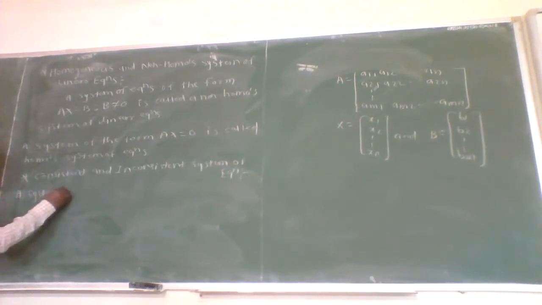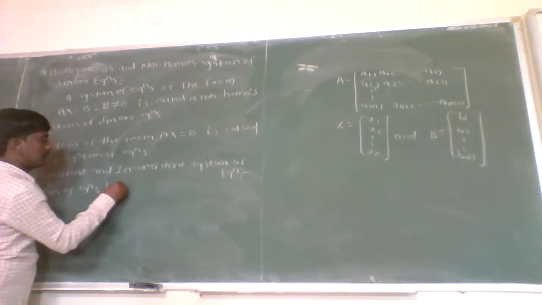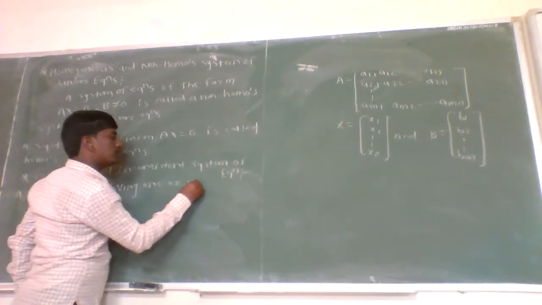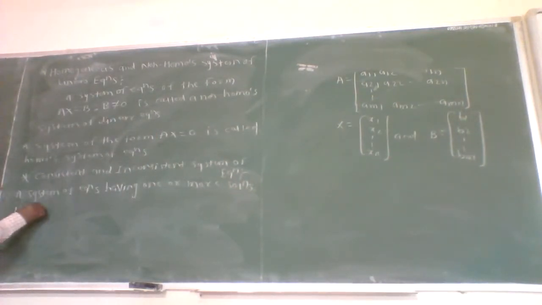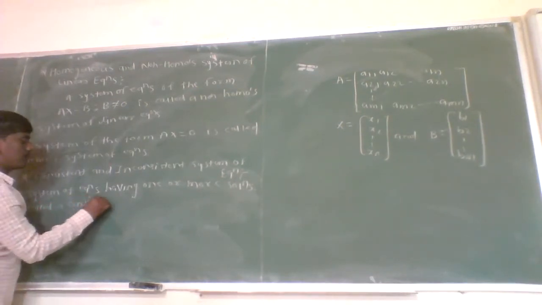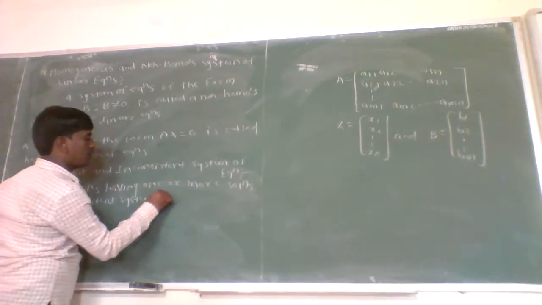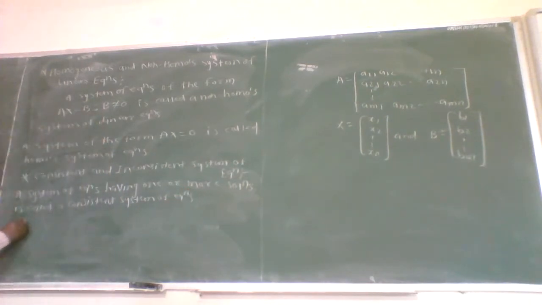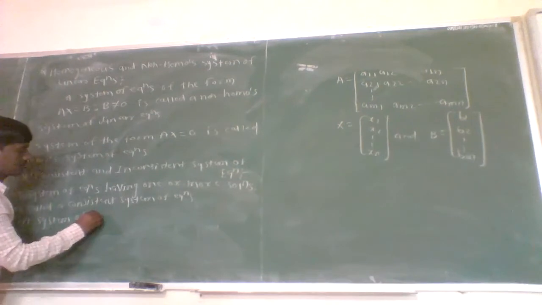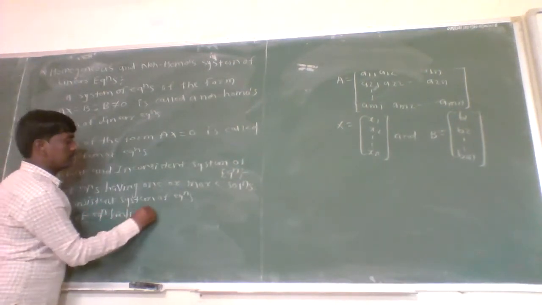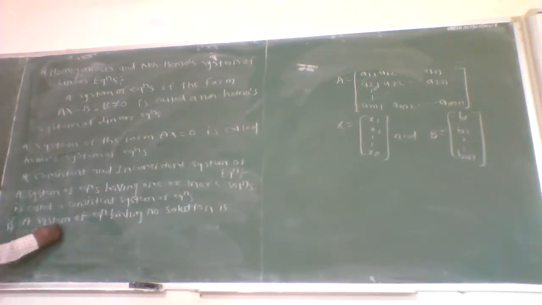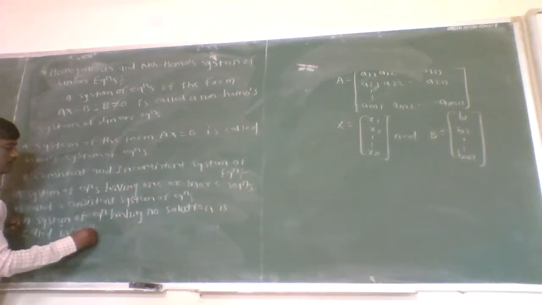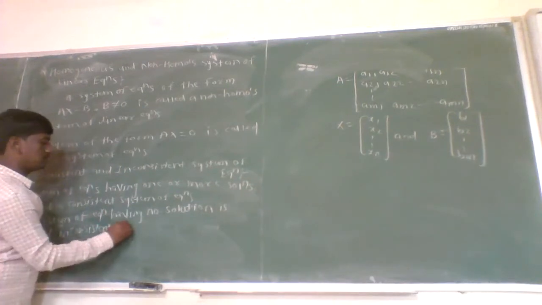A system of equations having one or more solutions is called a consistent system of equations, and a system of equations having no solution, that is, there is no solution, is called an inconsistent system of equations.